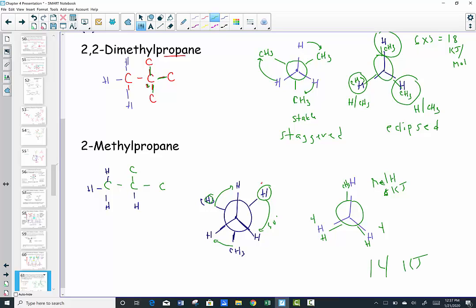So from the staggered conformation to the eclipsed conformation, it will cost this molecule 14 kilojoules of energy. 6 for the methyl hydrogen interaction and 4 apiece for the 2 hydrogen-hydrogen interactions.